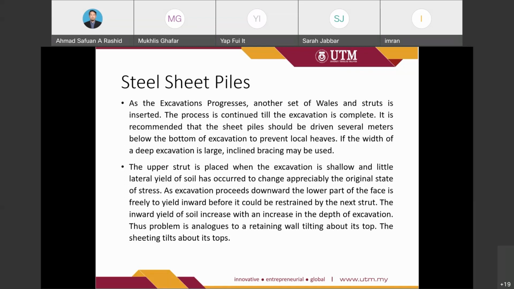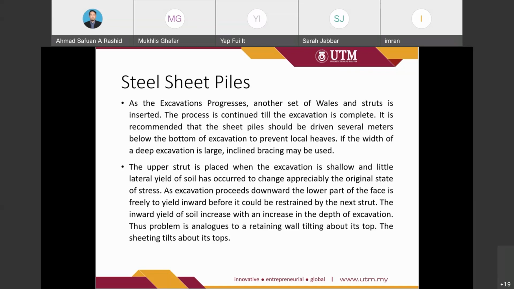The upper strut is placed where the excavation is shallow and little lateral movement of soil has occurred to change appreciably the original state of stress. As excavation proceeds downward, the lower part of the face is free to yield inward before it can be restrained by the next strut.